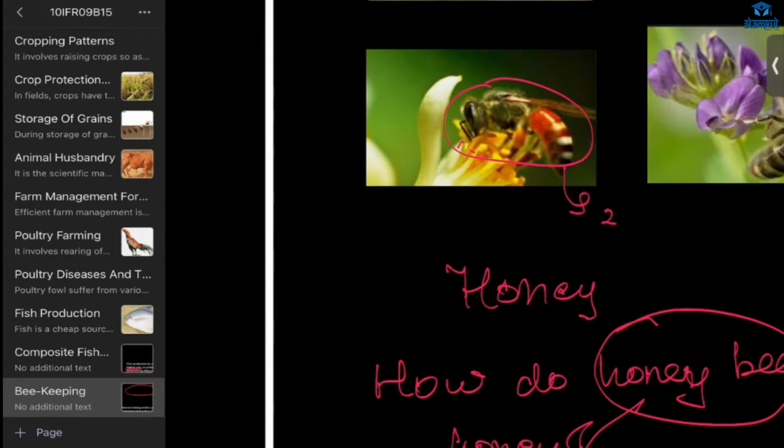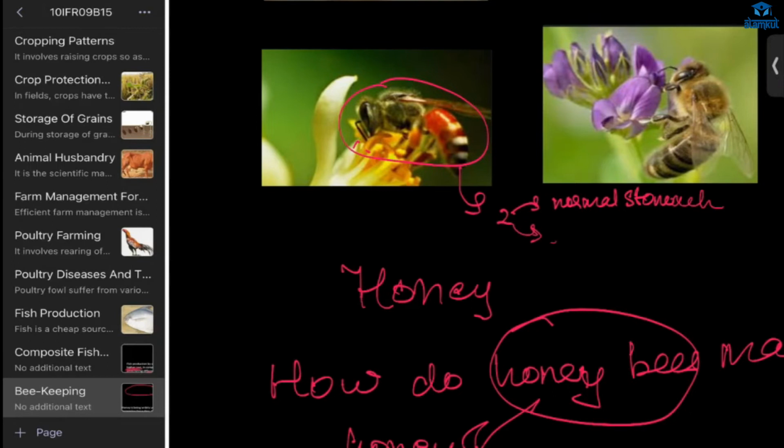One is the normal digestive stomach, and the other one is for storage of nectar. So when they are traveling from one flower to another, they suck nectar and store it in this stomach. Understood?